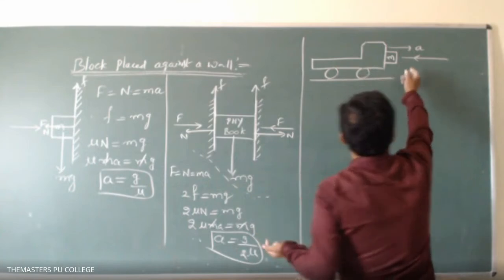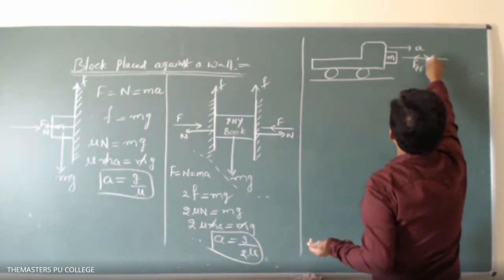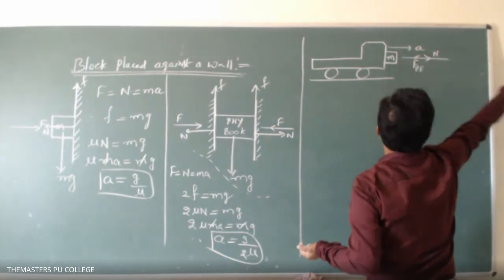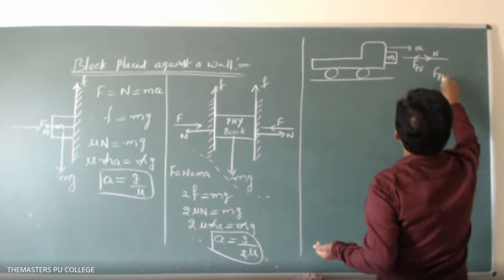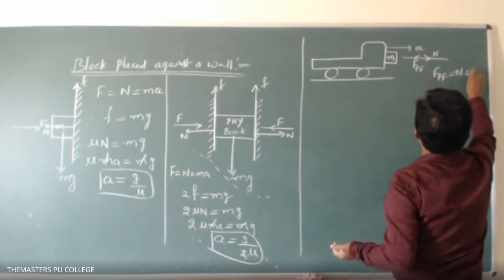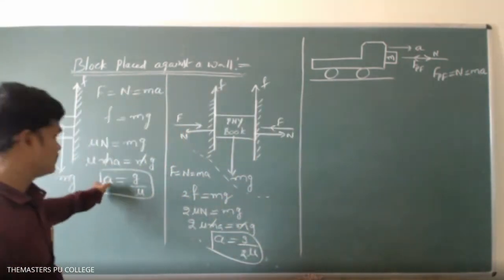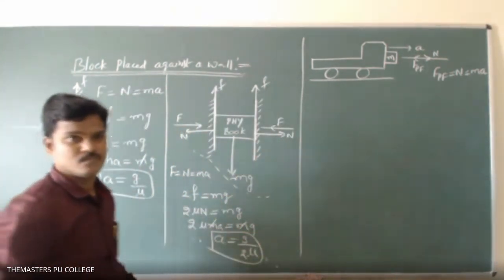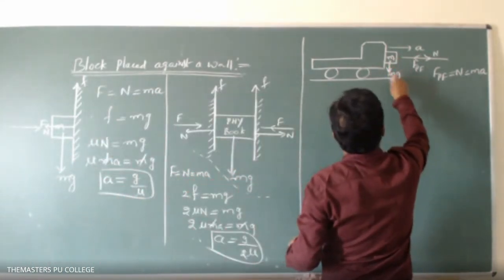So again the same thing. This is F, pseudo force. This is what? Normal reaction. N is on the right side. So F, the pseudo force, is balanced by N, nothing but ma. Same like the first concept. And weight of the block, mg.